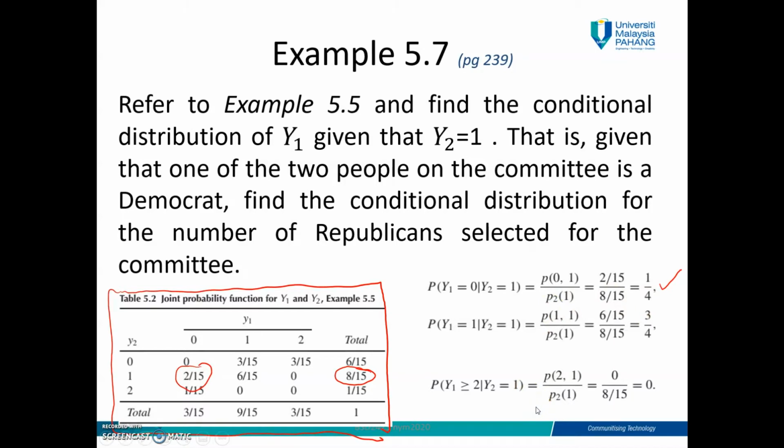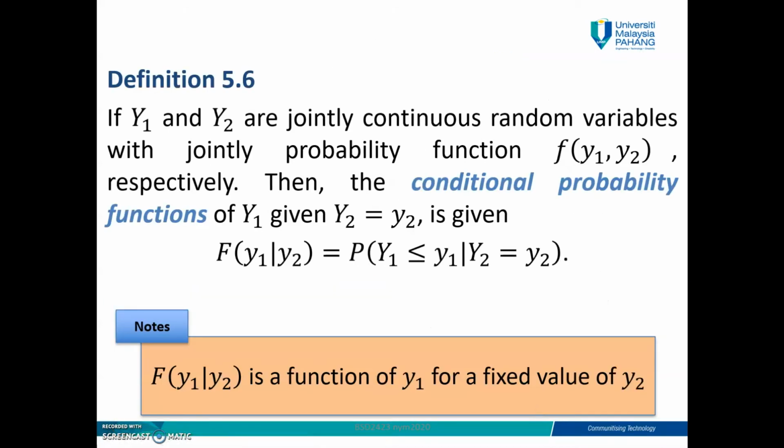Definition 5.6. If y1 and y2 are jointly continuous random variables with joint probability function of this form, then the conditional distribution function of y1 given y2 equal to y2 is given like this.